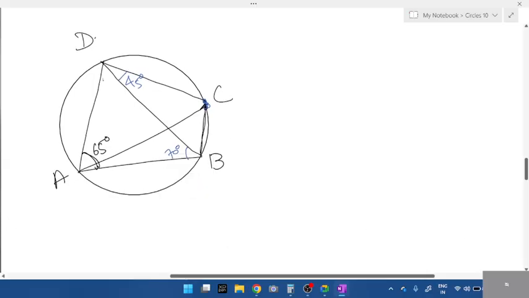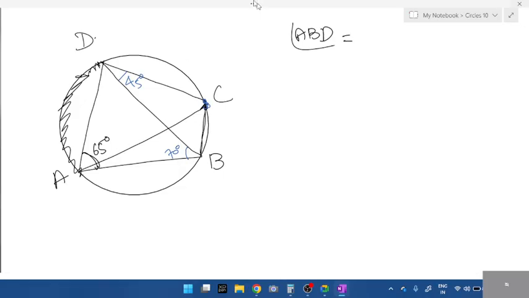70 degrees is given. Where is this 70? How is the 70 degrees formed? Angle ABD is equal to... Is it formed at the center or circumference? Yes. Take AD as the arc. On the same arc, where is the other angle formed?